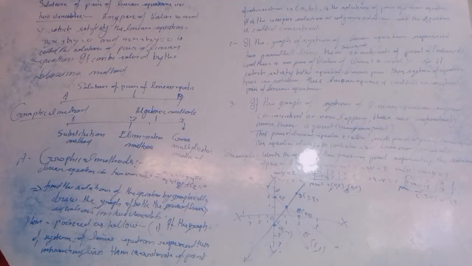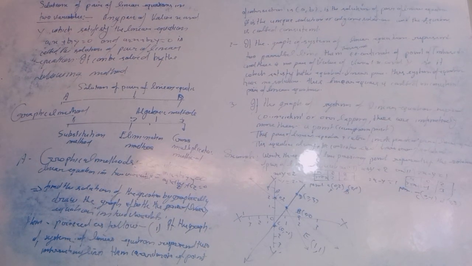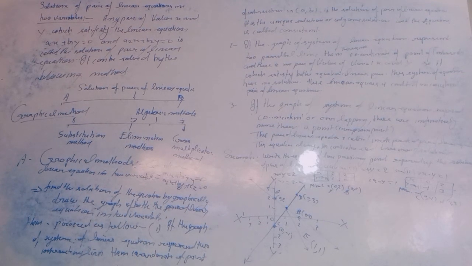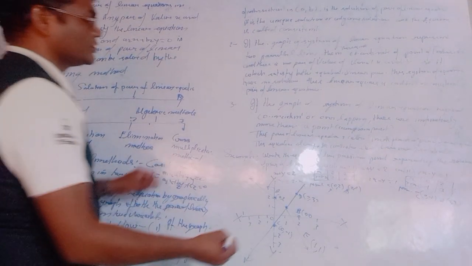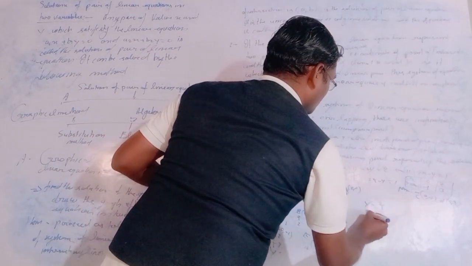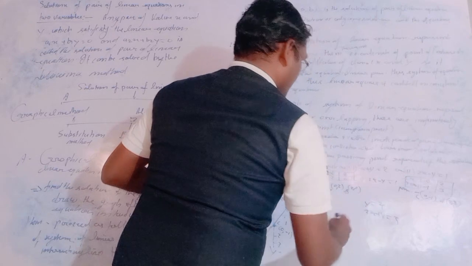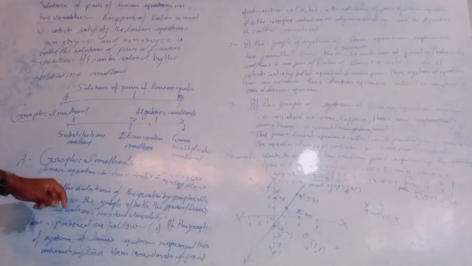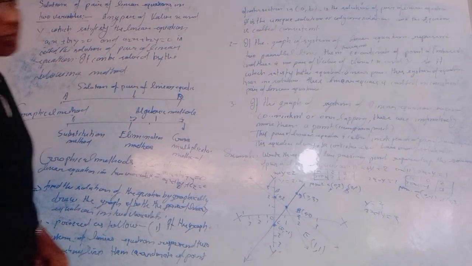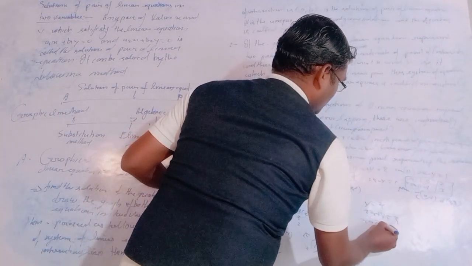If we draw the graphs, the lines pass through the point 1 and 1, which satisfies the linear equations y is equal to x, 2x plus y is equal to 3, and x plus 2y is equal to 3.